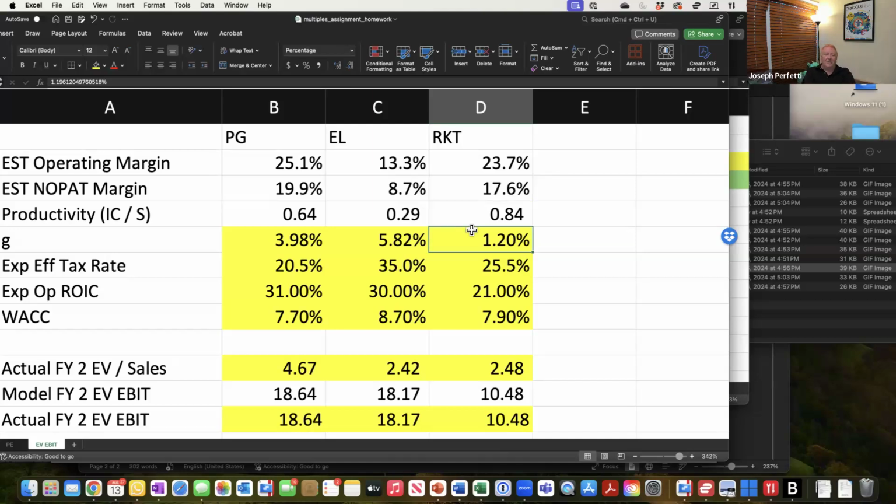So the lack of growth is really what hurts Rakuten's EV to sales. I'm going to make decent margins when I sell things, but I'm just not going to grow those sales all that much. And so people aren't paying a lot for their revenue because they lack the growth and they're spending the most, 0.84, to drive those sales.